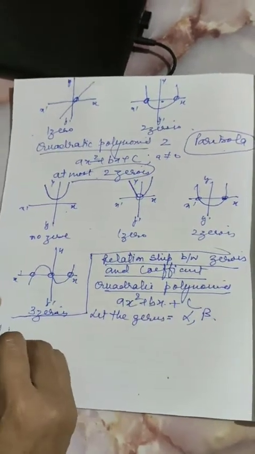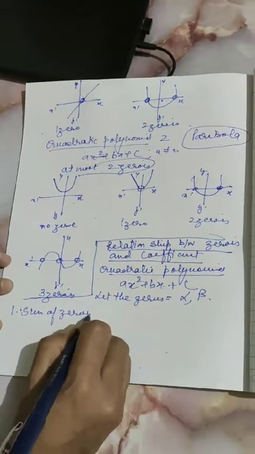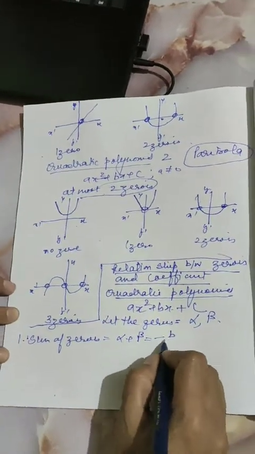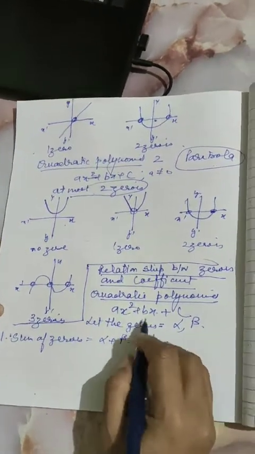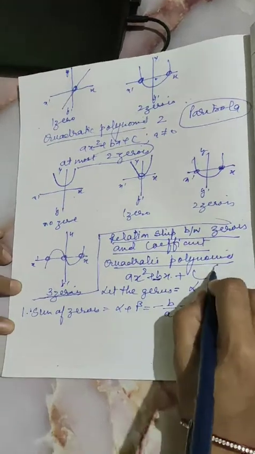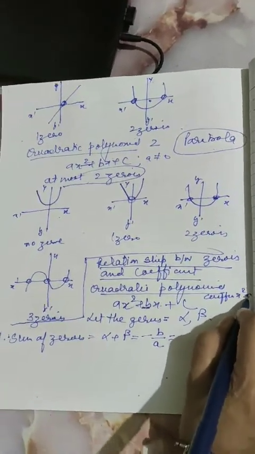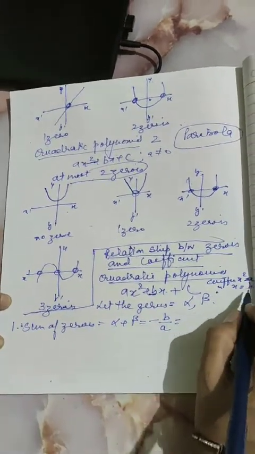So the first relationship, sum of zeros, alpha plus beta, is equal to minus b upon a. You can see coefficient of x square is a, coefficient of x is b, constant term is c.